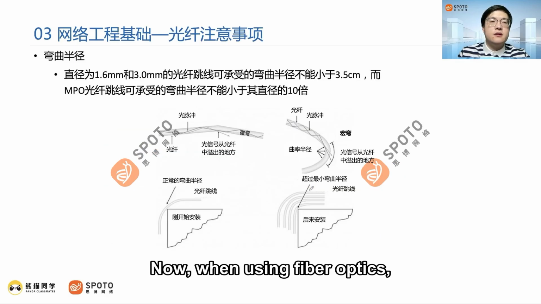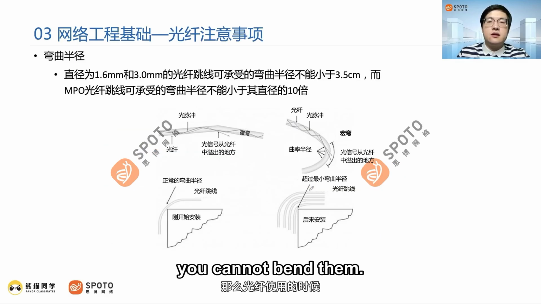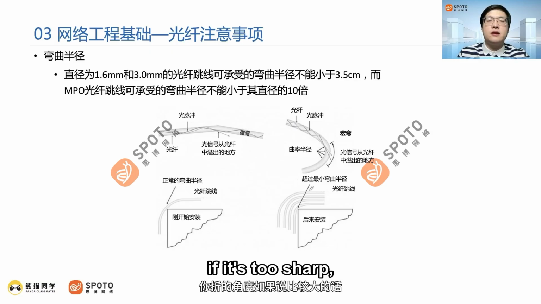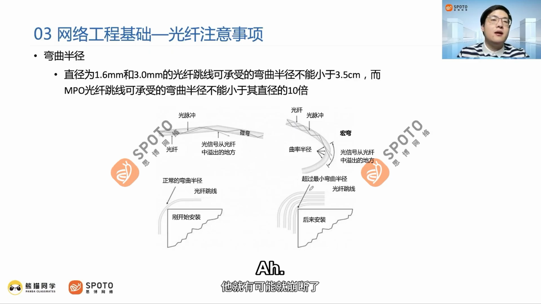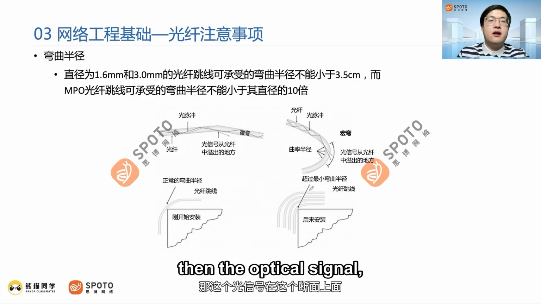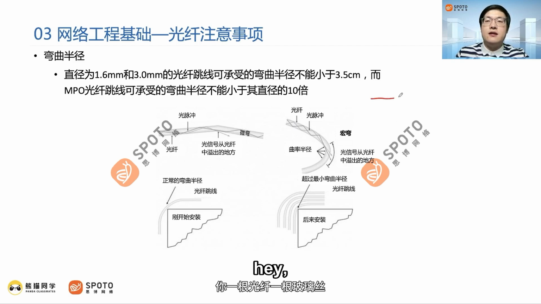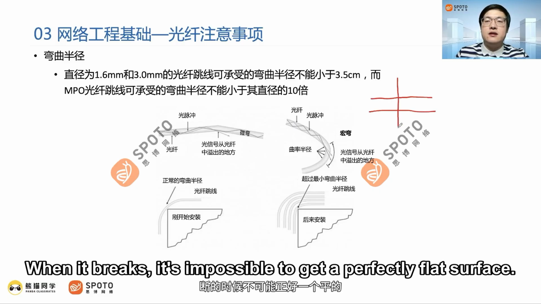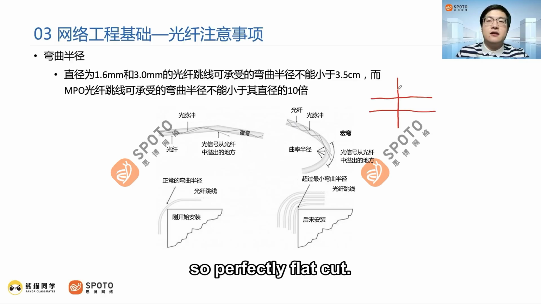Now, when using fiber optics, as I just mentioned, you cannot bend them. Because if the bending angle of the core is too sharp, it might just snap. If it snaps, the optical signal is affected, because it's a single glass strand. When it breaks, it isn't a perfectly flat cut.